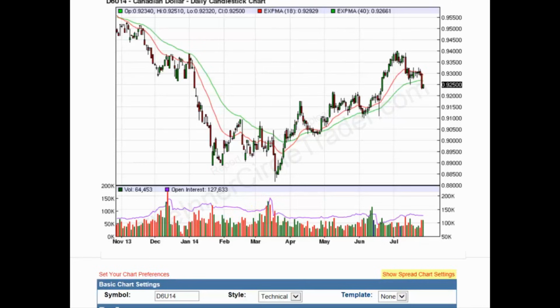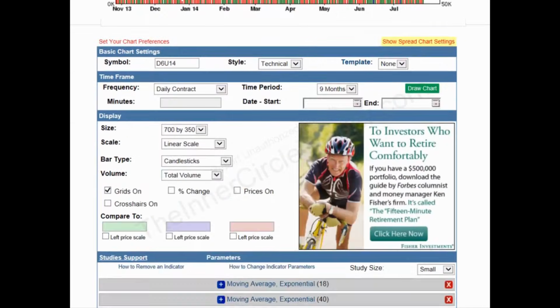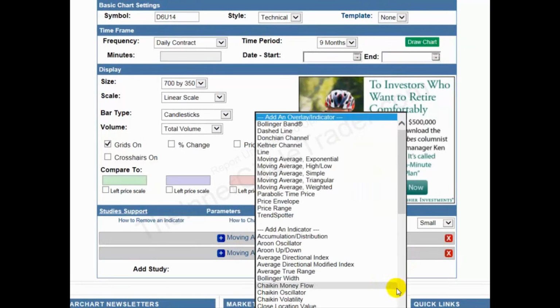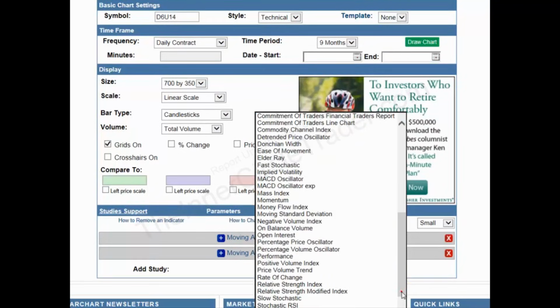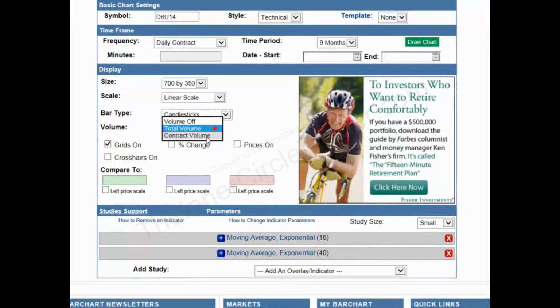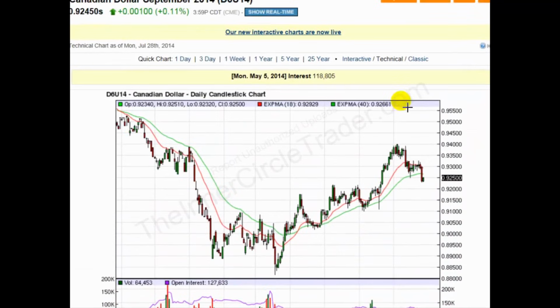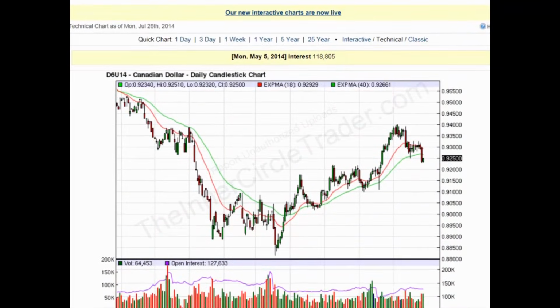Again, open interest can be found by adding it here, or by simply having total volume. You want to have total volume, not contract volume. You want total volume on. I have 9 months on here. You can do whatever you want, have as much data as you want to show.